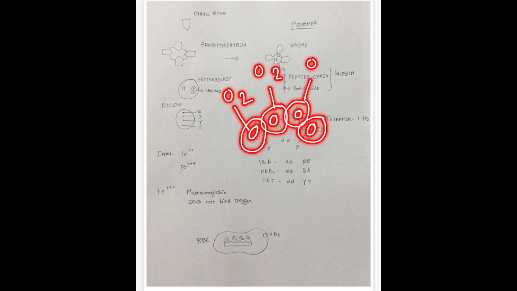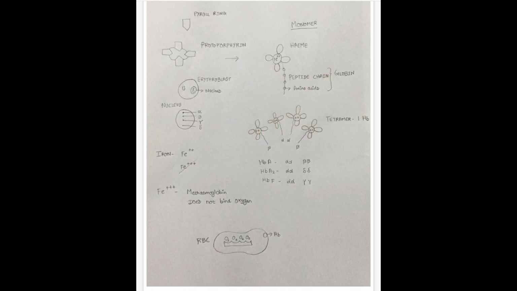So one hemoglobin binds 4 molecules of oxygen. Let me draw a simpler diagram here. So 1 pocket of hemoglobin, 2 pockets, 3 pockets, 4 pockets. In this diagram, this part is the heme part, and this part is the iron in the ferrous state.